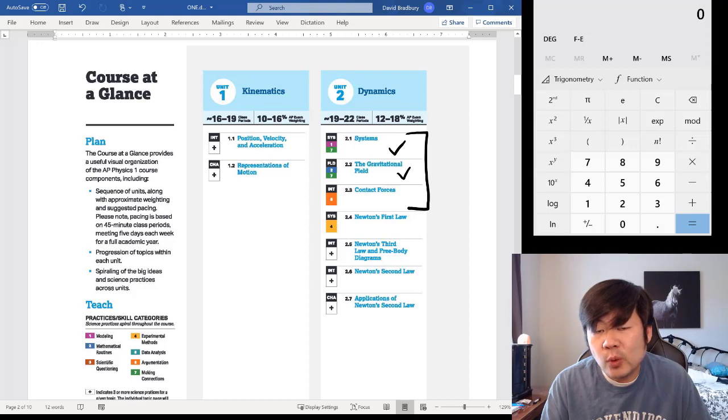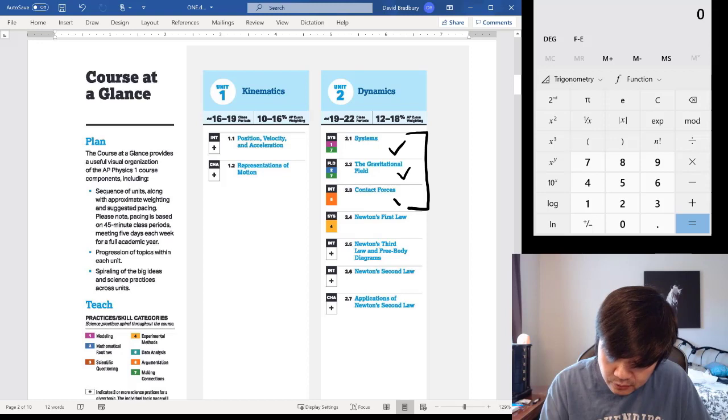So it doesn't matter where that is, but your weight can change depending on gravity, which explains why a person on the Earth would have the same mass as that same person on the moon. But since the gravitational field around the moon is less, then the weight would be less, not the mass. And then we covered our contact forces and free body diagrams.